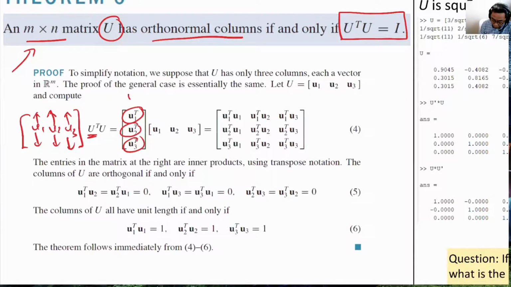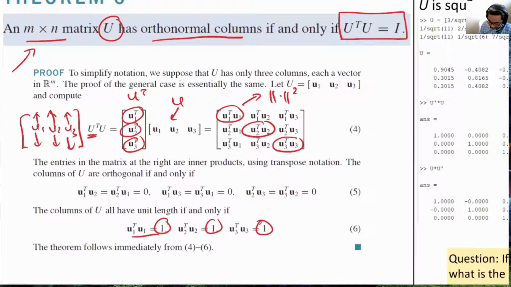We are multiplying U transpose with U, the column vectors of U. The entries are u1 transpose u1 on the diagonal, u2 transpose u2, u3 transpose u3. This will show us the length squared. Now we need the length squared to be 1 because we need the length to be 1. Therefore, along the diagonal, we'll get identity.